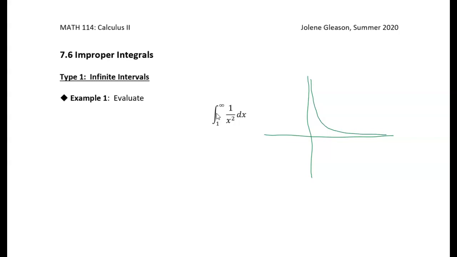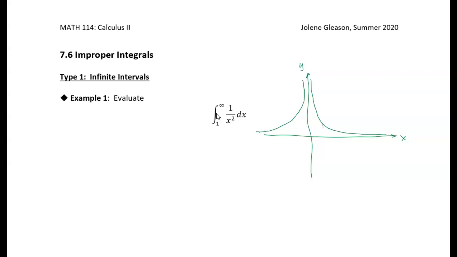If we wanted to look at the left-hand side of the curve, because it's squared, anything squared is going to be positive. So it's essentially a mirror image on the other side. So it's going to go from 0 and then go up to infinity. So it looks something like that. This is the y-axis and this is the x-axis. I didn't make it perfectly mirrored, but you get the idea.